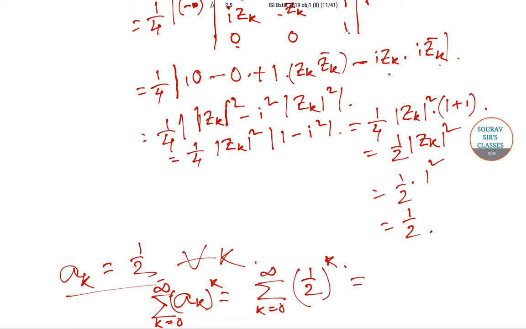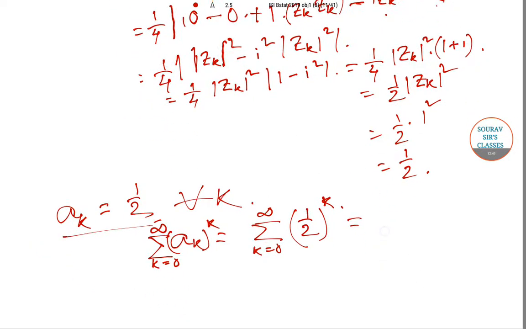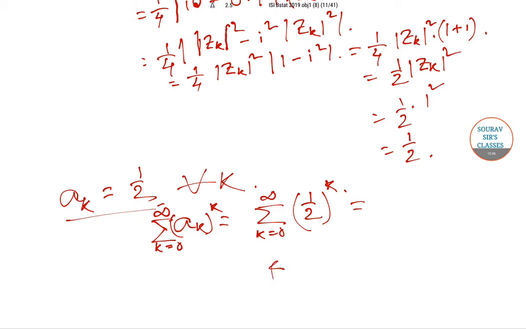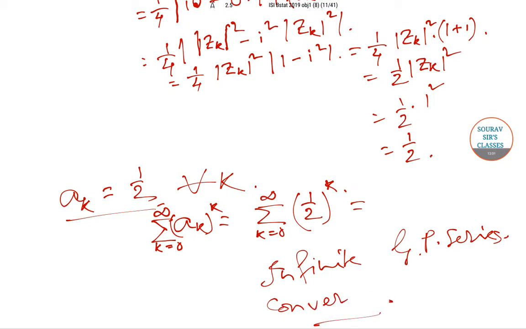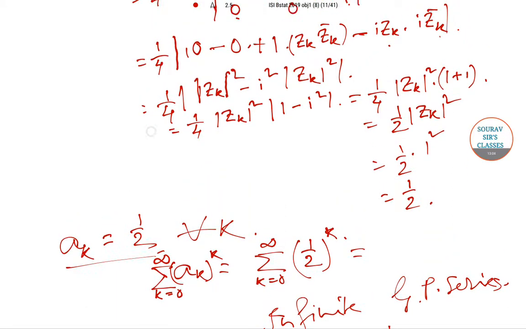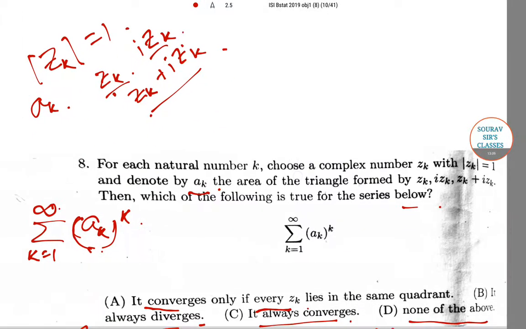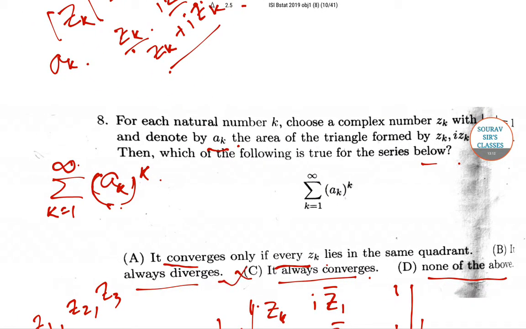It is nothing but an infinite GP series, and an infinite GP series with ratio half is always convergent. So this series is convergent. So the answer is option C, it always converges. So thank you.